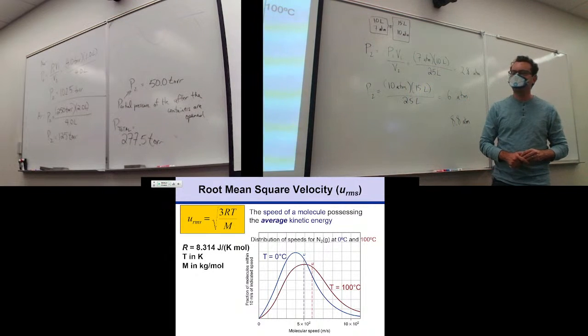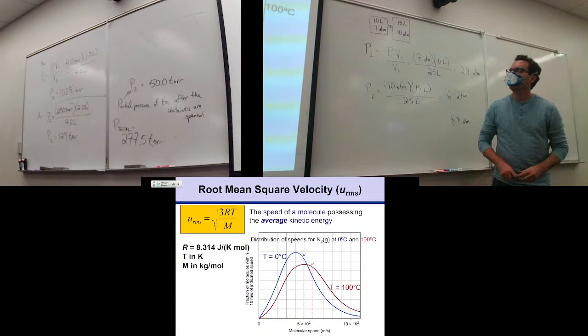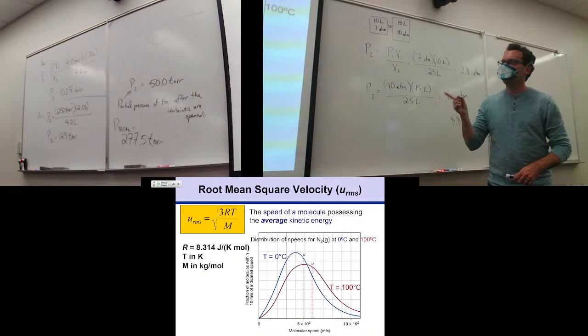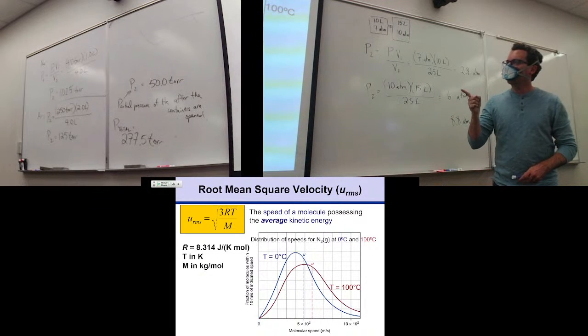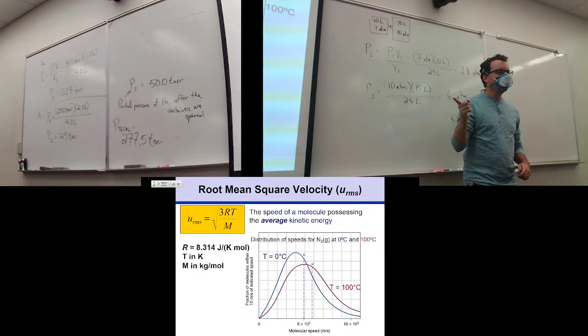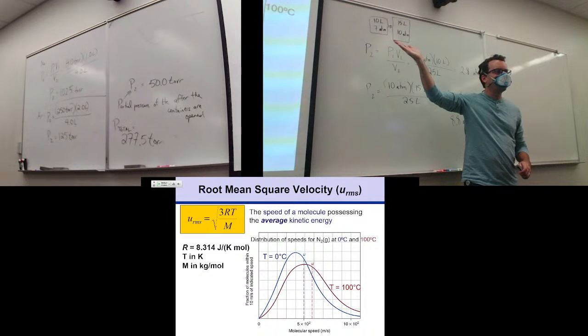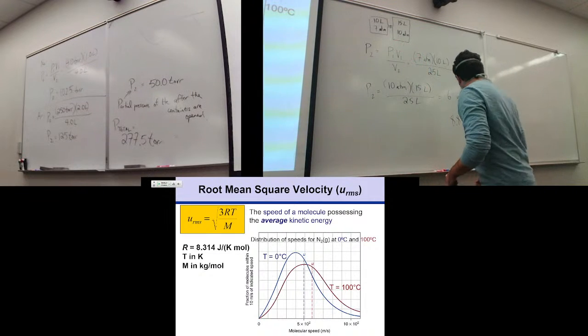Now, there's a couple hiccups you need to be aware of when you use this equation. Temperature is in Kelvin. R is going to be the gas constant that has energy in it, because there's no liters, there's no atmospheres. We don't need those. We need energy.